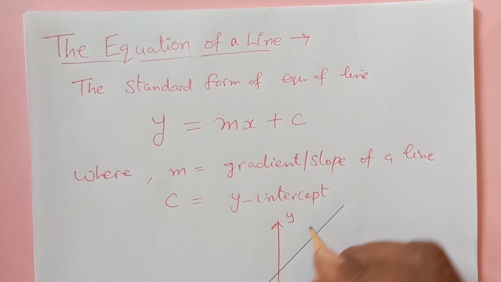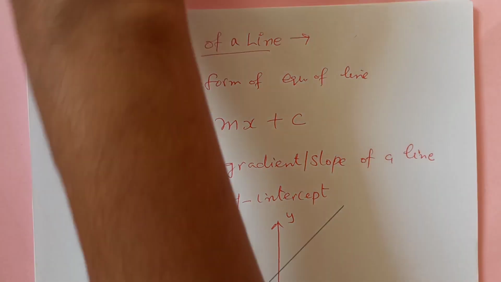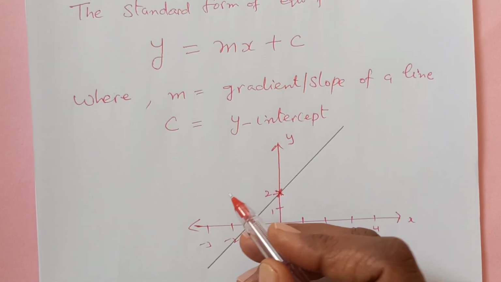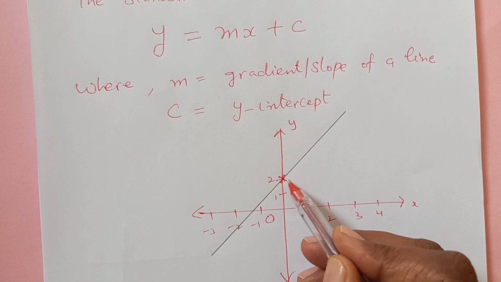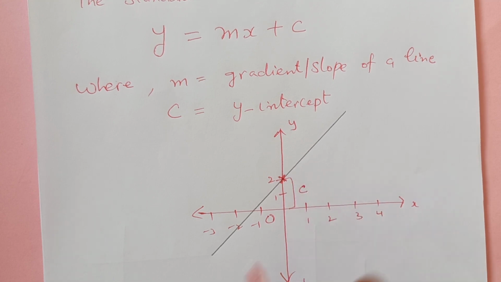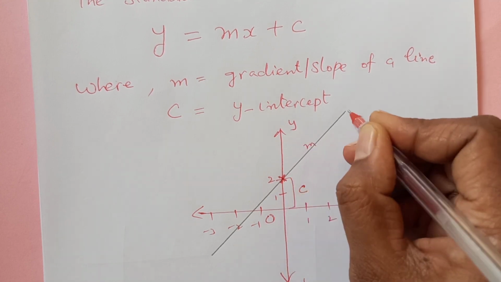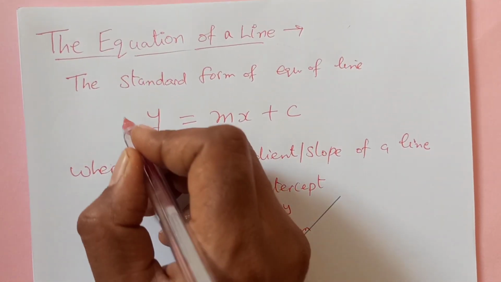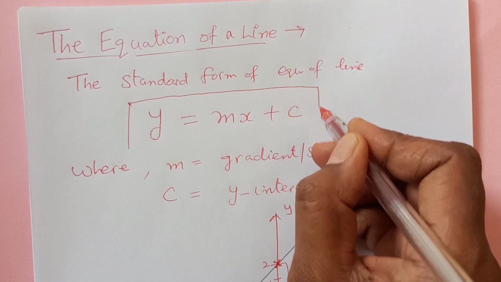So this is the line y equals mx plus c. Here we have coordinates 1 and 2. This is the point where this line intersects the y-axis. So this is going to be c, and m is the slope, the gradient of this line. So that's how you can get the equation of the straight line.